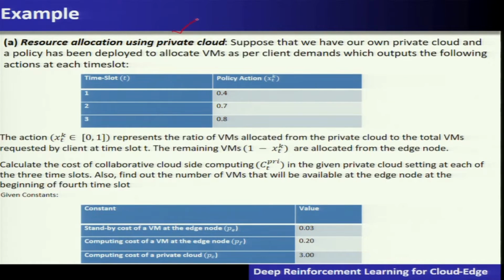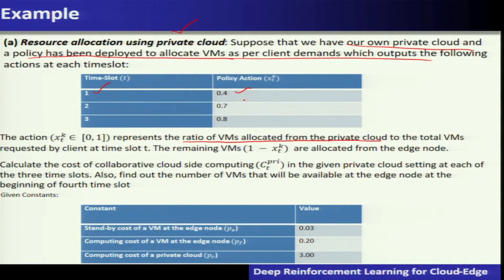Now let us see the strategy. So, resource allocation using the private cloud: suppose we have our own private cloud and a policy has been deployed to allocate virtual machines as per the client's demand, which outputs the following actions. In time slot 1, the policy action says allocate 0.4. So, 0.4 represents the ratio of virtual machines allocated from the private cloud to the total virtual machines requested.